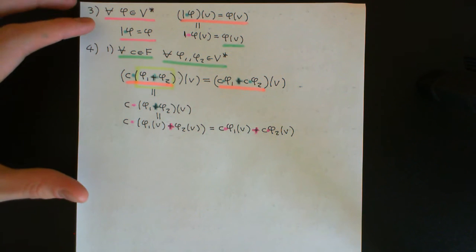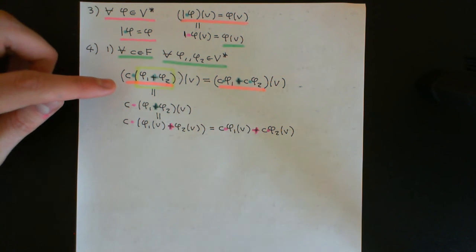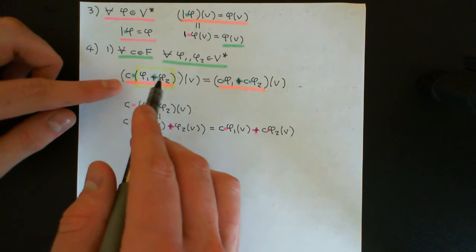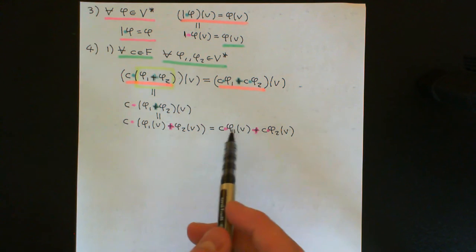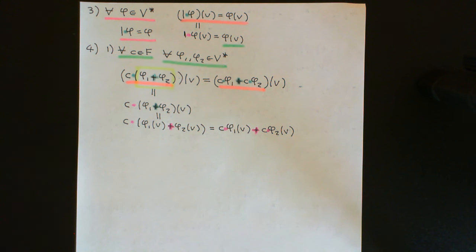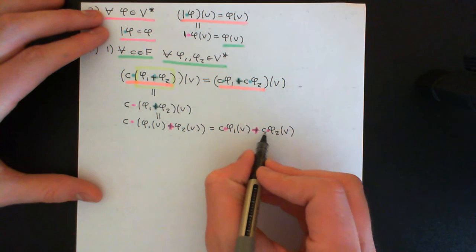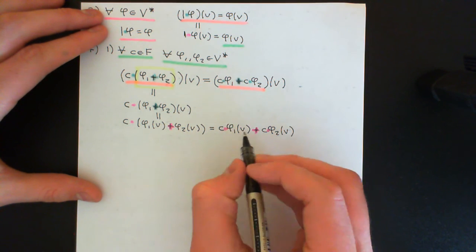Okay, right. Now what we can do is start to reverse all of this. We're going to apply the reverse of what we did here. Here we were using the definitions of scalar multiplication and addition in the dual vector space and turning them into what they were in terms of field addition and multiplication. Now we're going to go in reverse. We're going to take our addition and multiplication that are in the field and turn them back into scalar multiplication and addition in the dual vector space. So firstly, we're going to turn each of these into the covector scalar multiplied by c.